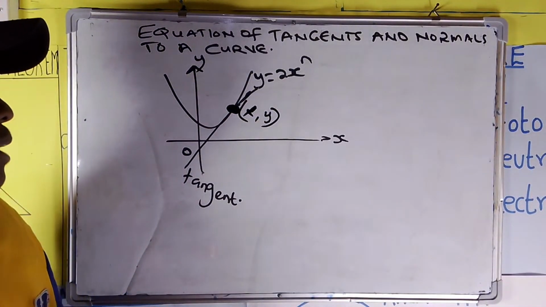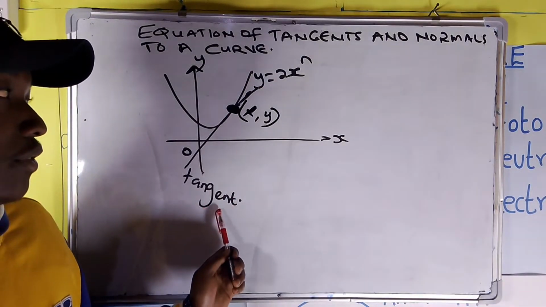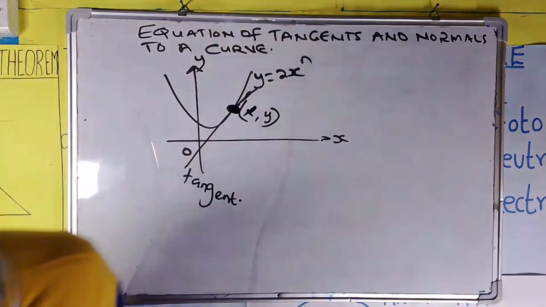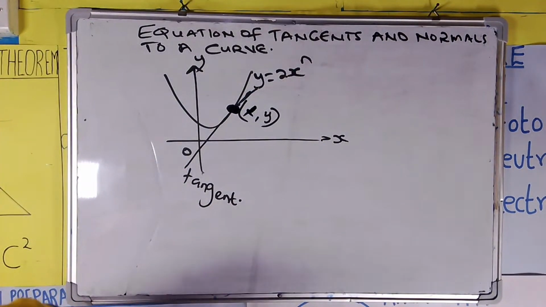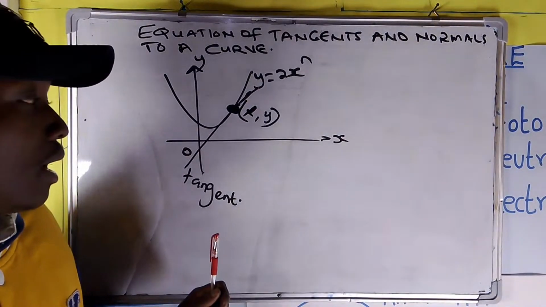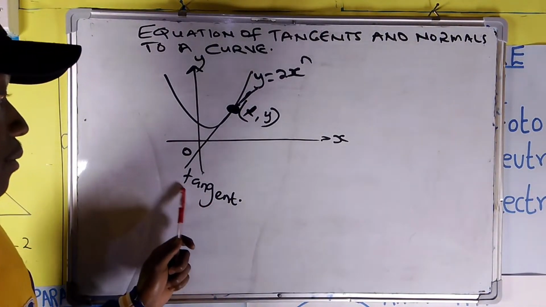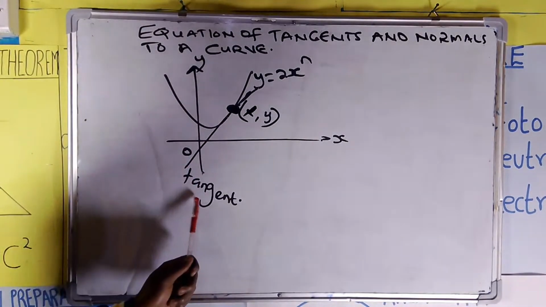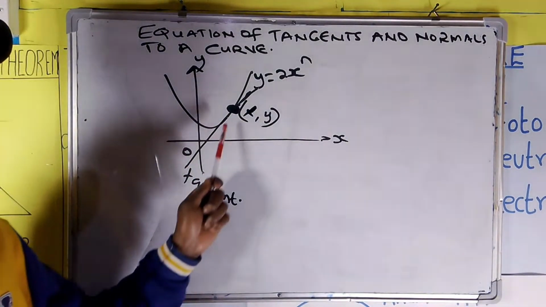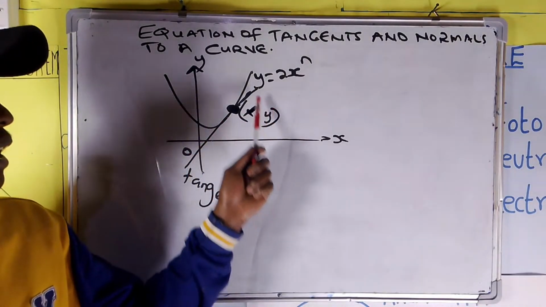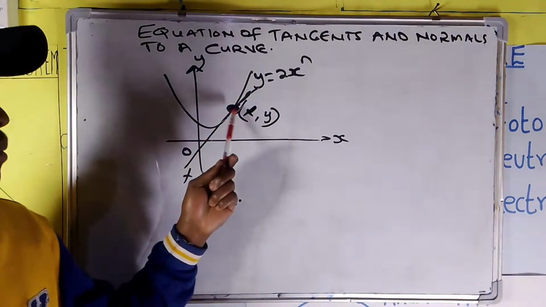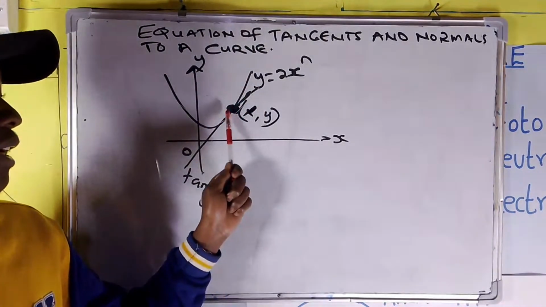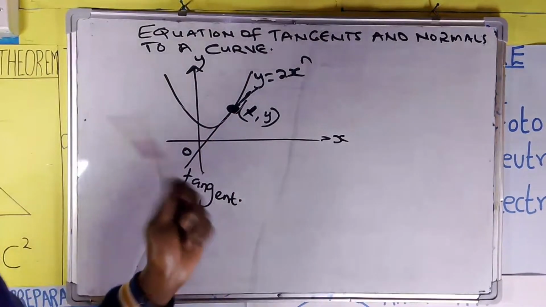So we can be able to determine the equation of the tangent in contact with the curve simply because the gradient of the tangent and the gradient of the curve at the point of contact is the same.